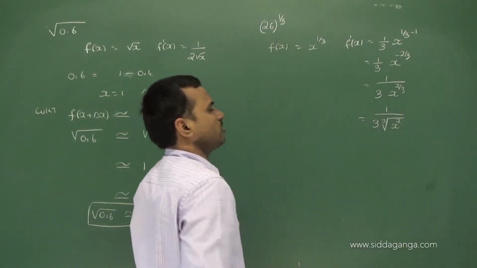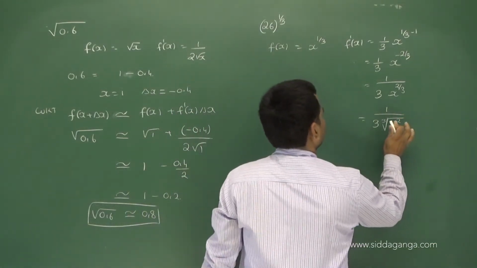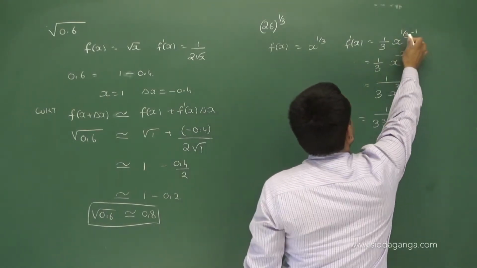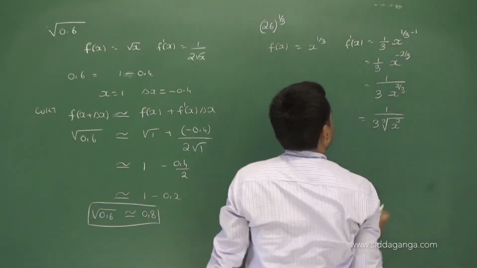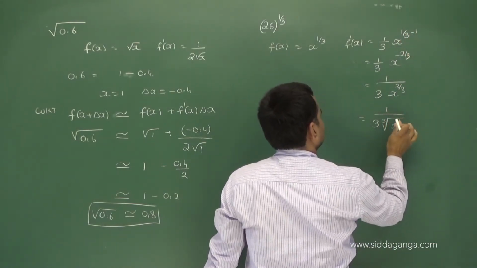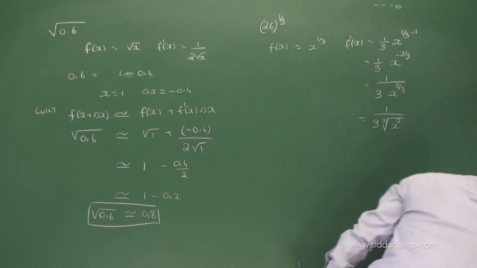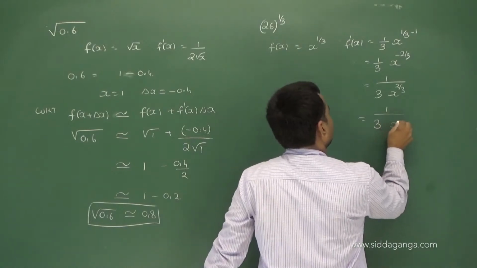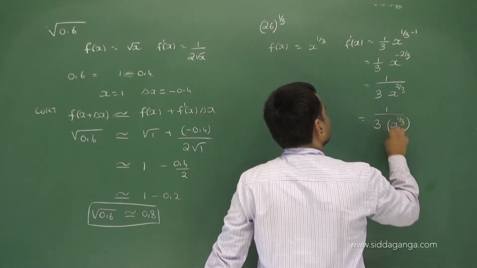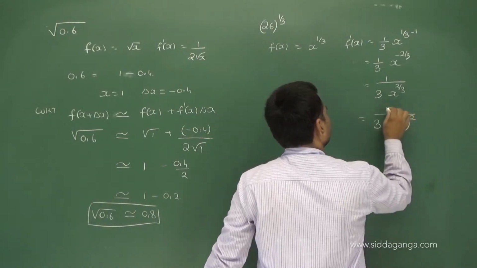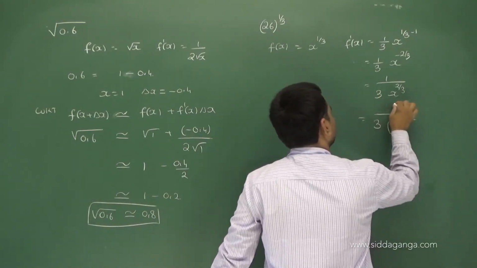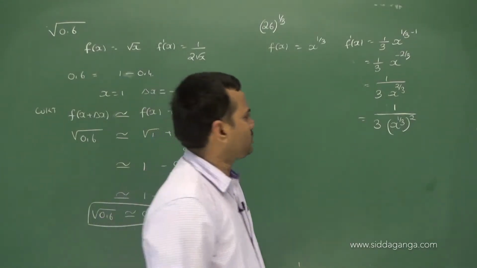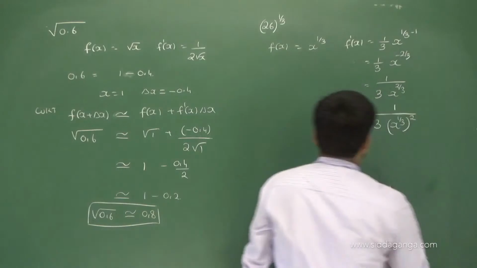If I take 3 as the LCM, 1 minus 3, it is 2 by 3. If you write it like this also, it is very easy: 3 into x to the power 1 by 3 whole square. For simple calculation, x to the power 1 by 3 into whole square. This is the derivative.